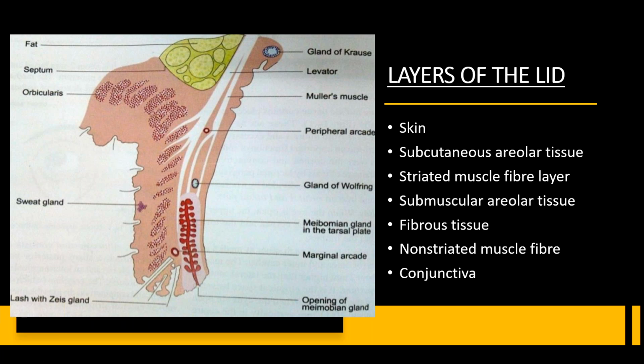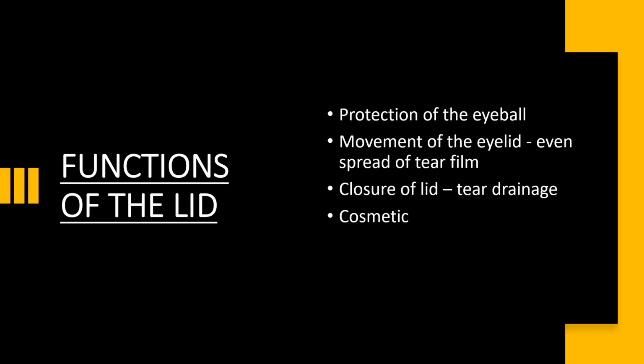It comprises the orbital septum, the tarsus, and the medial and lateral canthal ligaments. Further, you have non-striated muscle fibers, which comprise Muller's muscle, innervated sympathetically, and then the tarsal conjunctiva.